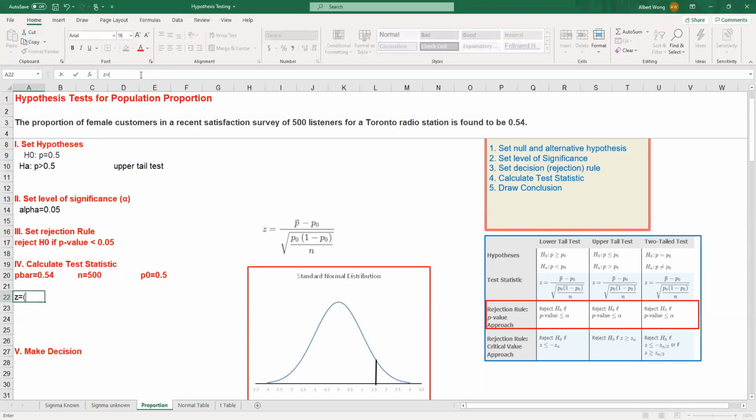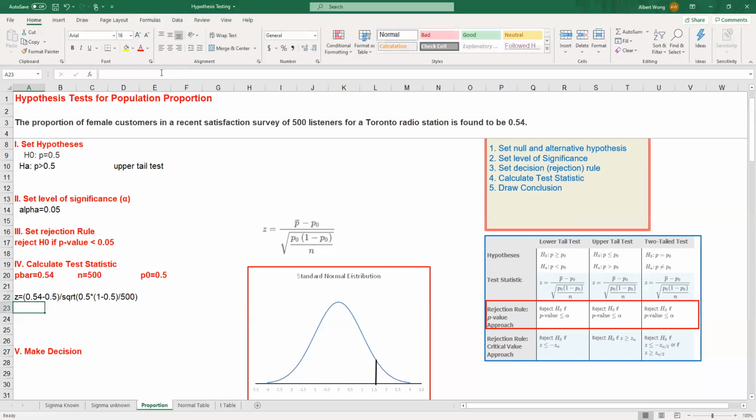So compare what we see, which is 0.54, with what we want to test, which is 0.5, taking into account the variability, which is the square root of 0.5. Now, the common mistake is that this is p0, not p-bar. So p0 is 0.5, so p0 times 1 minus p0, divided by 500.